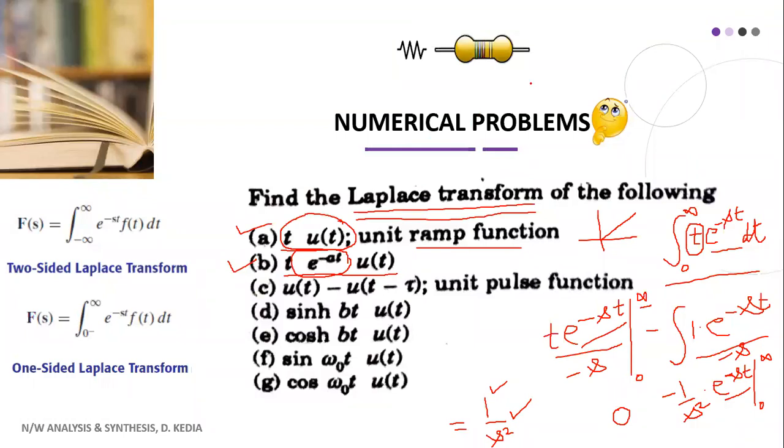Fine. So now we need to find the Laplace transform of tu(t) multiplied with e raised to minus at. If you apply the frequency shifting theorem, in this 1 by s square, s will become s plus a. So your answer will be 1 by (s plus a) square.